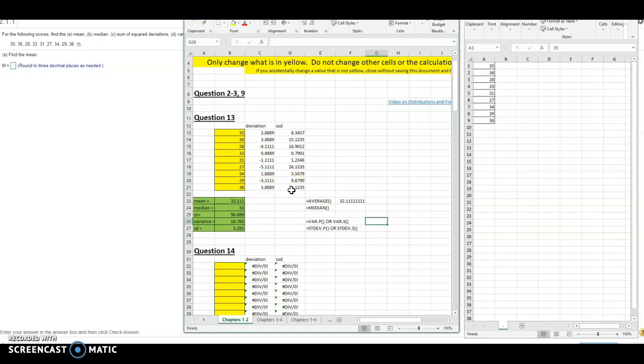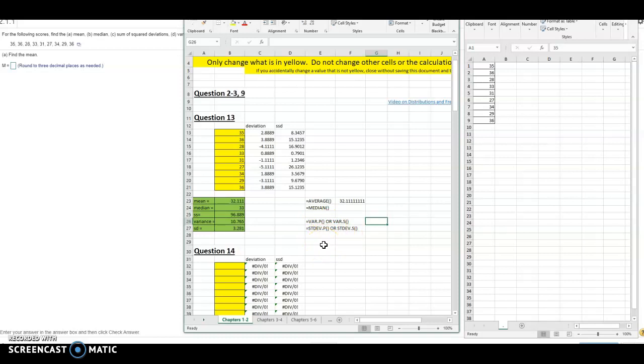For a sample, we divide by n minus 1, our degrees of freedom. We don't know everything, so we're making an educated guess here. So we're going to divide by n minus 1, and that is the difference between a sample and a population for both the standard deviation and the variance.